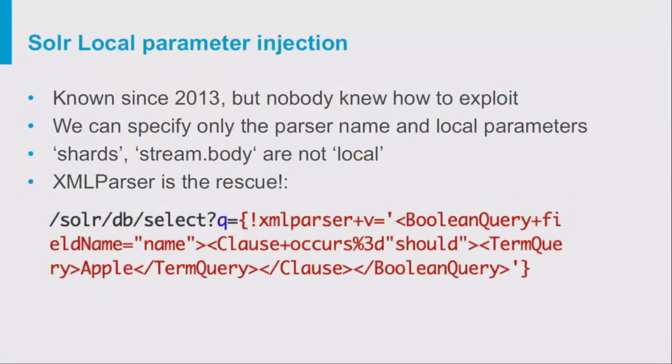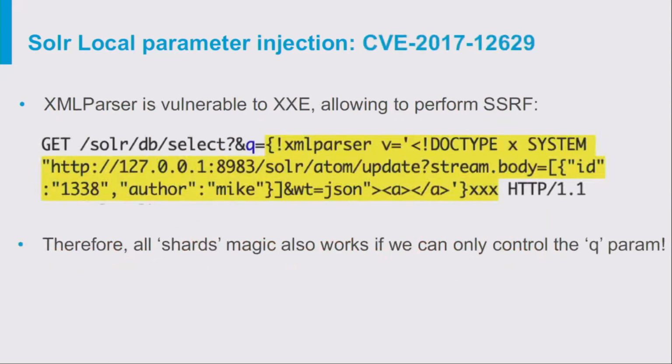Until recently, we figured out that we can use an XML parser to supply the full search query in the XML format. And of course, since it's Java, it was vulnerable to XXE. That's how we can leverage this attack to SSRF and apply the same logic as before, just by controlling one single q parameter.